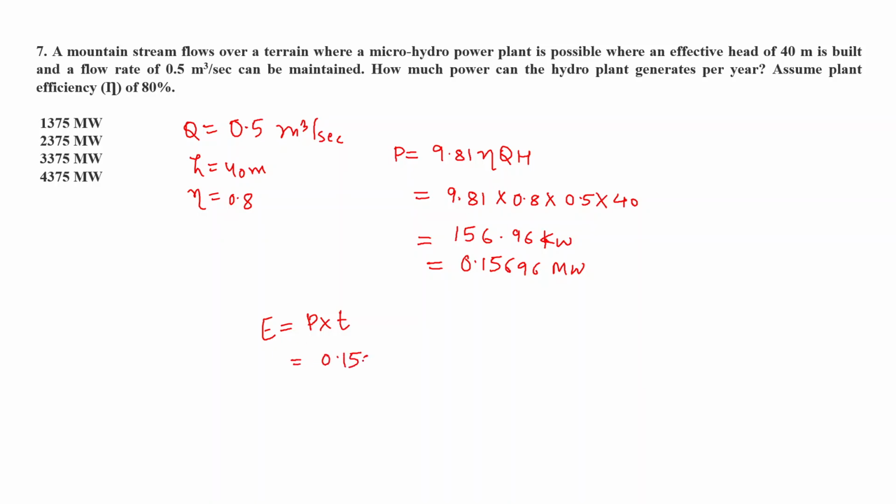So it will be 156.96 and time taken is in hours. So in a year, how many hours? 365 into 24 hours. So it will be 1374.96 megawatt, approximately 1375 megawatt energy.